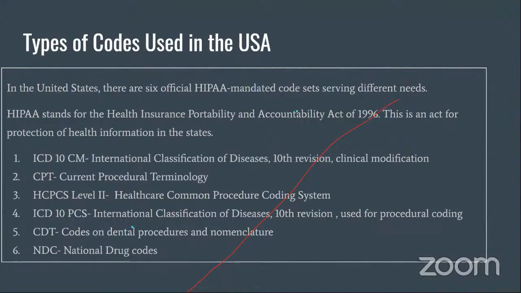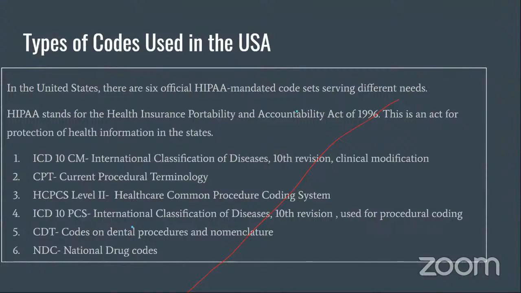CPT is used for procedural coding, so it's in the name. That means minor procedures that are performed, like chest X-ray, for example, CT scan, or putting a catheter. These are minor procedures that can be performed in doctors' offices or office suites, and those are coded using CPT codes.